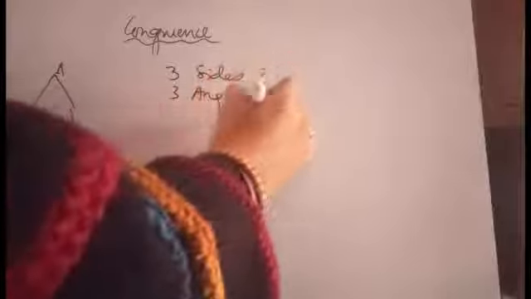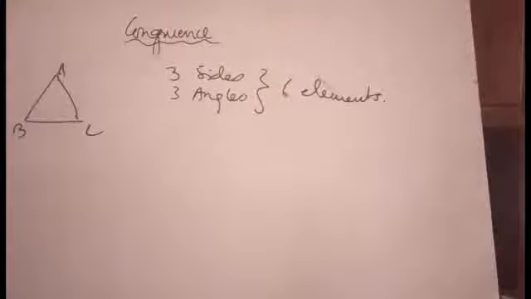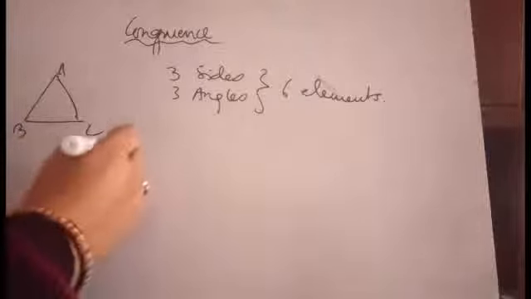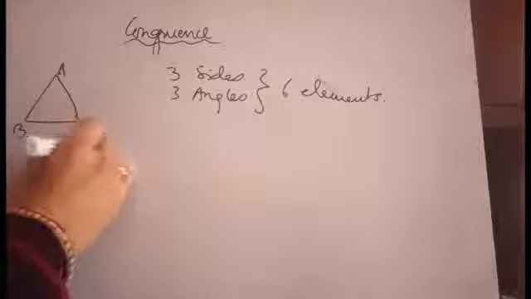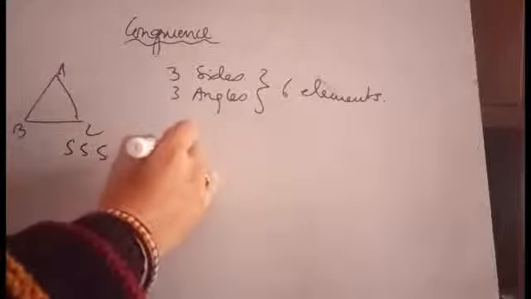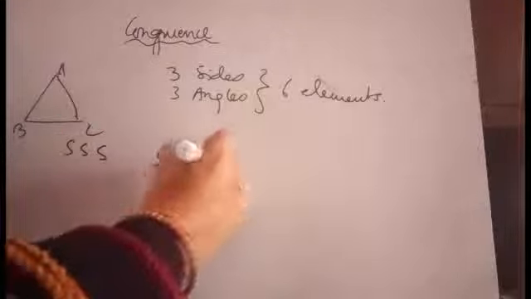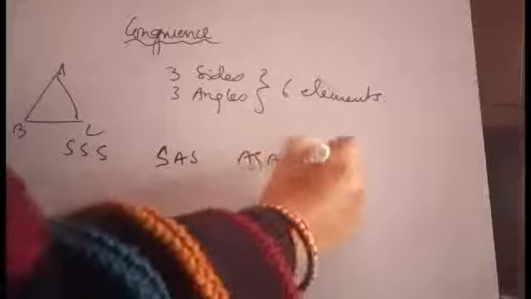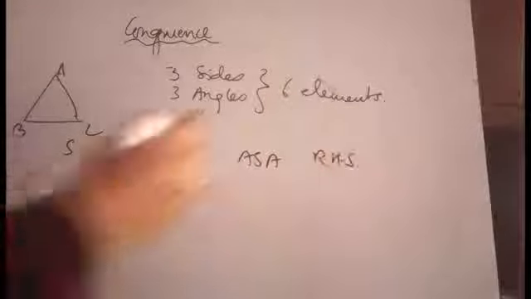On the basis of these 6 elements only, we prove that the triangles are congruent. Now there are 4 cases through which we can prove the triangles to be congruent. They are SSS, SAS, ASA and RHS.